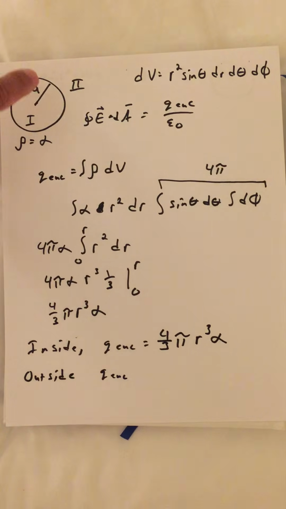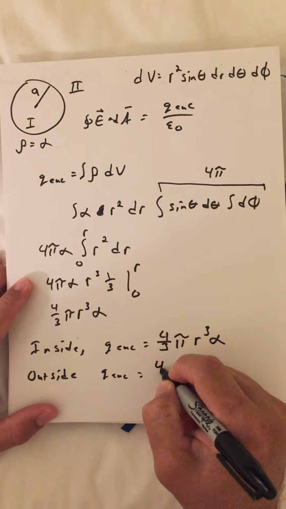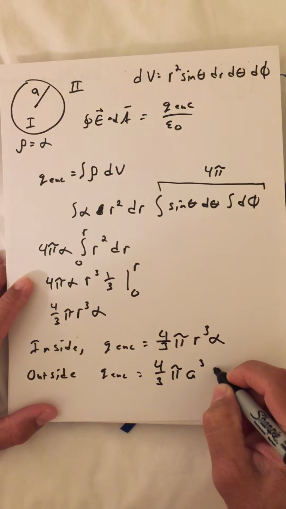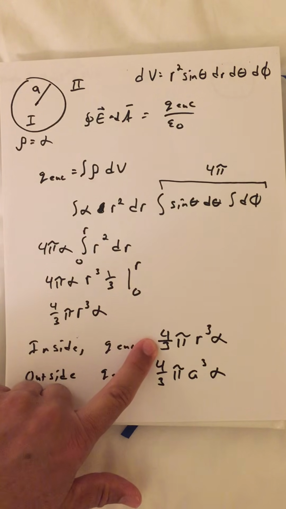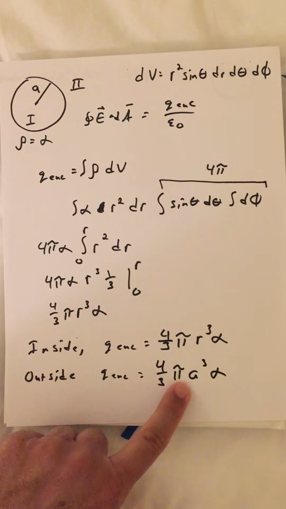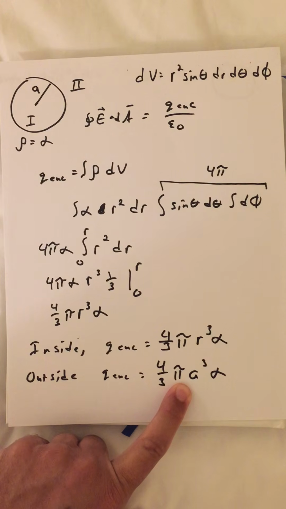Well, I stop evaluating when I get to A, right? I'm going to enclose the entirety of the charge, which means that's going to get me 4/3 pi A cubed alpha, right? So inside the sphere, this is my charge enclosed. It is a variable. Outside, this is my charge enclosed. It's not a variable. I've enclosed all the charge I can possibly come up with.